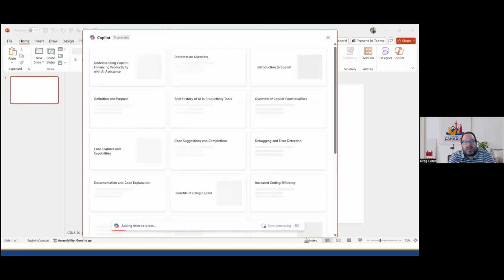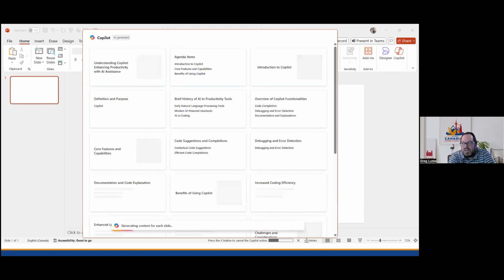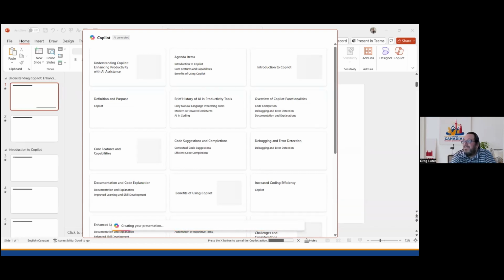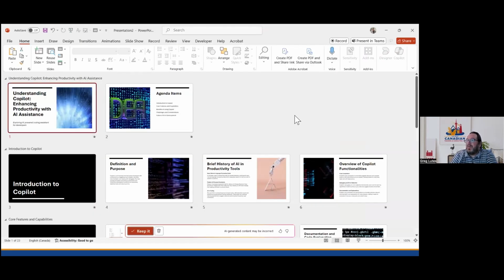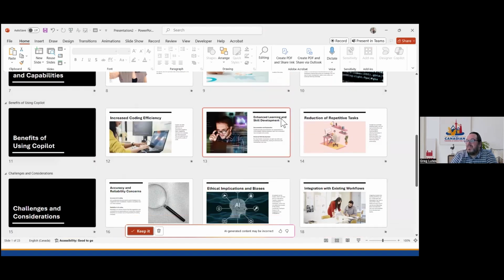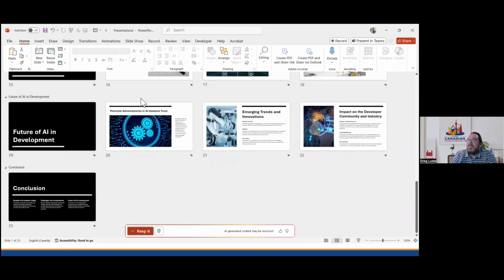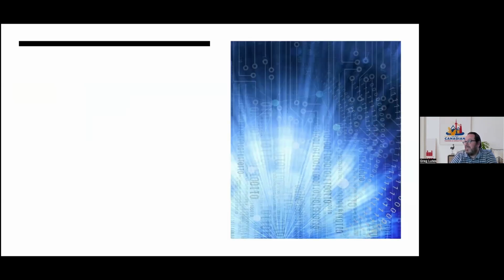If I have different files that I want to build presentations on, I can do that. But I can also build a single slide on a particular topic. Slowly and surely, it creates my presentation. You have to admit, this saves you a lot of time and a lot of frustration.